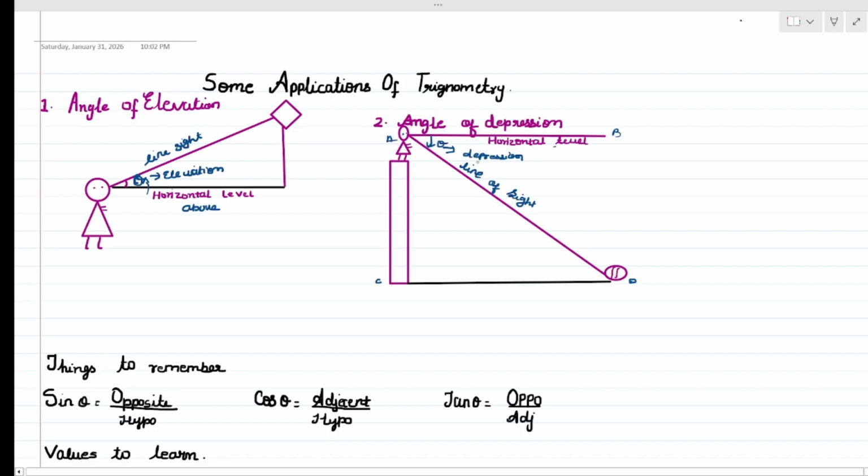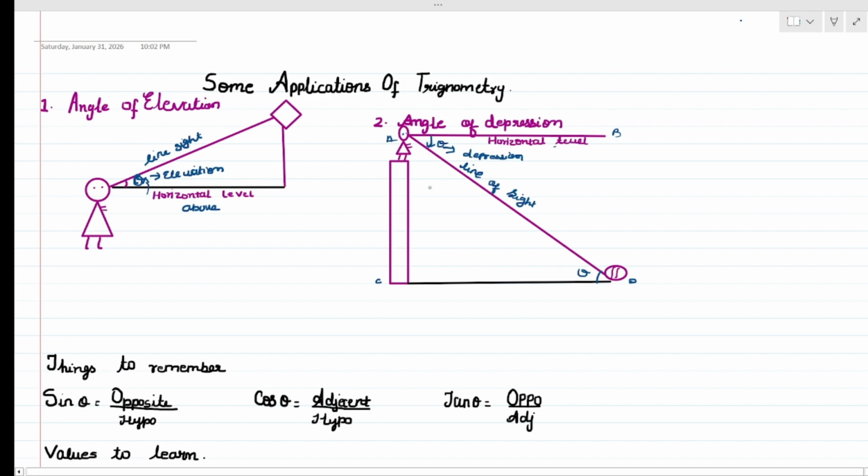The angles formed by this transversal between them form a Z, which are called alternate interior angles, and the property of alternate interior angles is that the angles are equal. So my angle BAD will be equal to my angle ADC. That means if this is my angle theta, then this one also becomes my angle theta.